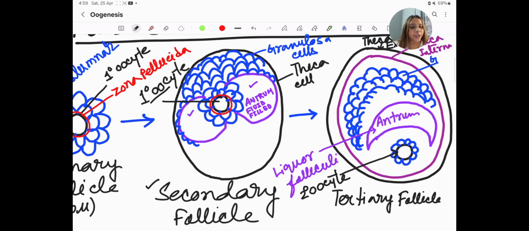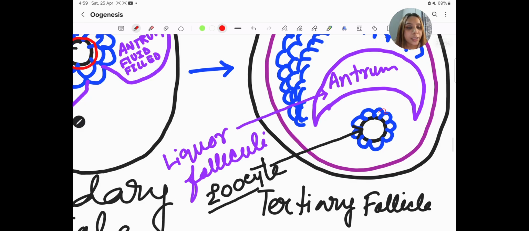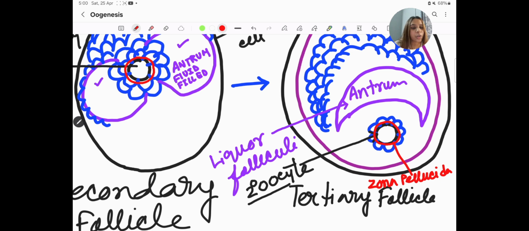During the last phase of the follicular development, the primary oocyte becomes the secondary oocyte. And there is also the zona pellucida layer, which is fully mature. Zona pellucida becomes fully matured.